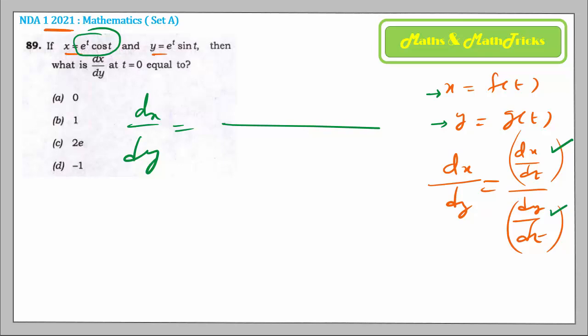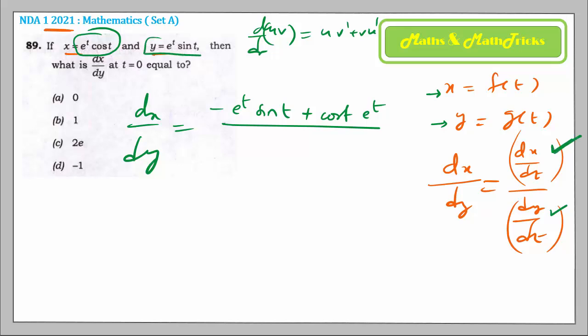So you have to apply the multiplication rule for the derivative, that is you call the uv rule, right? What is the derivative of uv function with respect to x? It is u into v dash plus v into u dash. So u, it's e power t, derivative of cos t is minus sin t, plus cos t as it is, derivative of e power t is e power t. That is the numerator dx by dt I wrote.